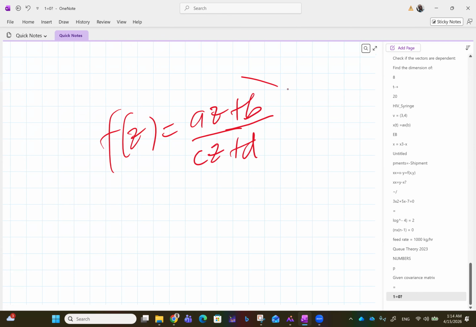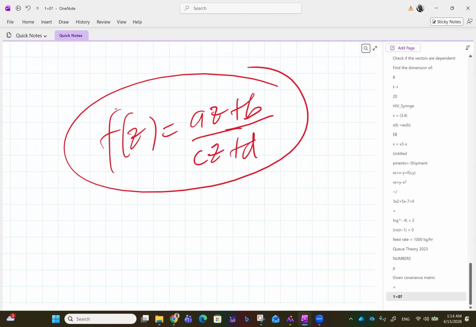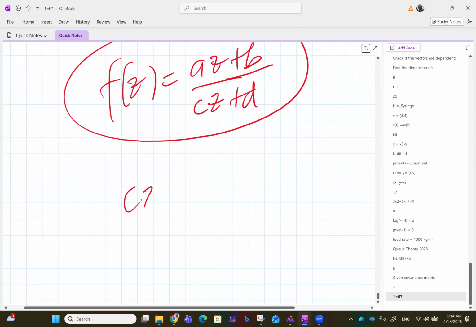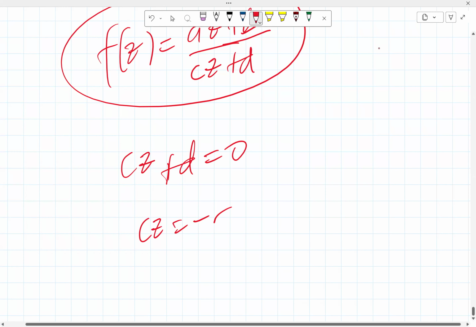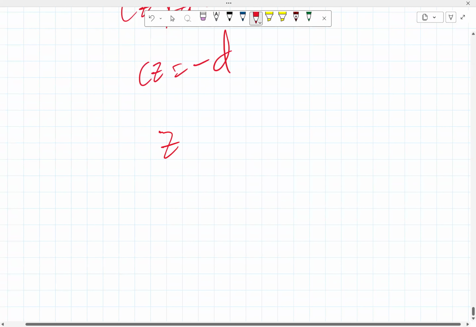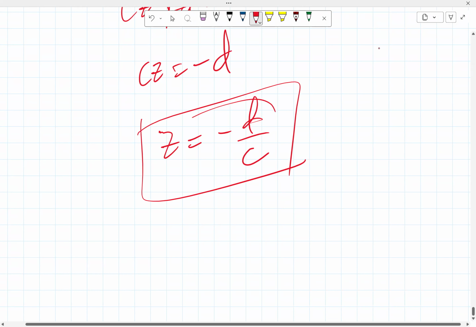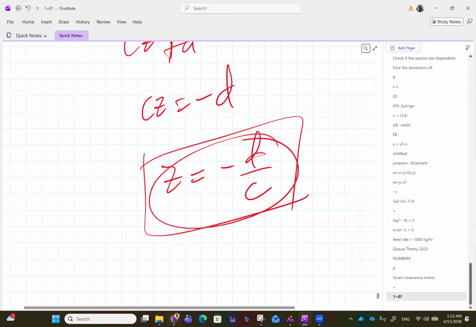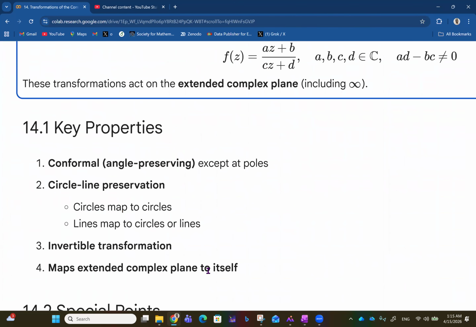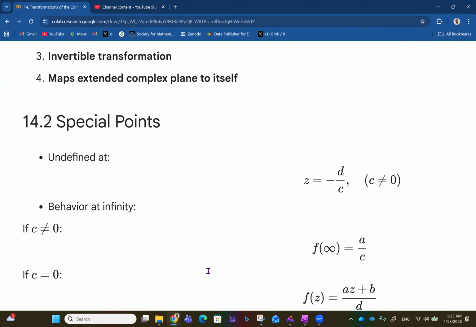So where is this undefined? For this to be undefined, cz plus d has to be equal to 0. That means cz is equal to minus d, and then z is minus d over c. So if z is minus d over c, then that whole transformation is not defined. Of course, c must not be 0 at that point.